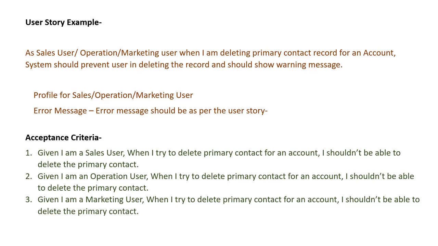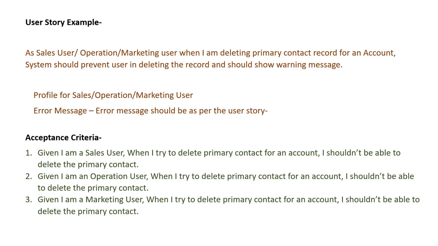The acceptance criteria is based on the personas or profiles, and depends on three things: given is a situation, when is the action you will do, and then what you will expect.